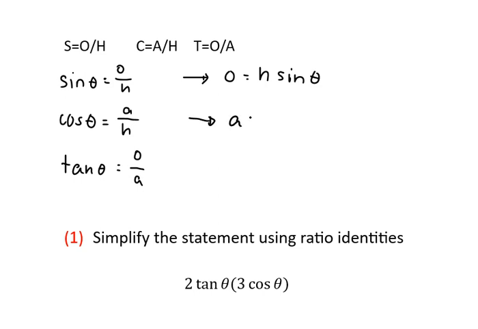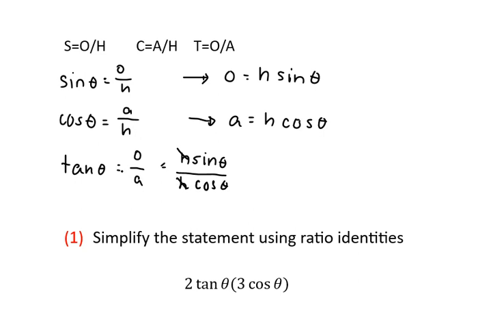A is equal to h times cosine theta. So using those equations, O is equal to h sine theta, and A is h cosine theta.